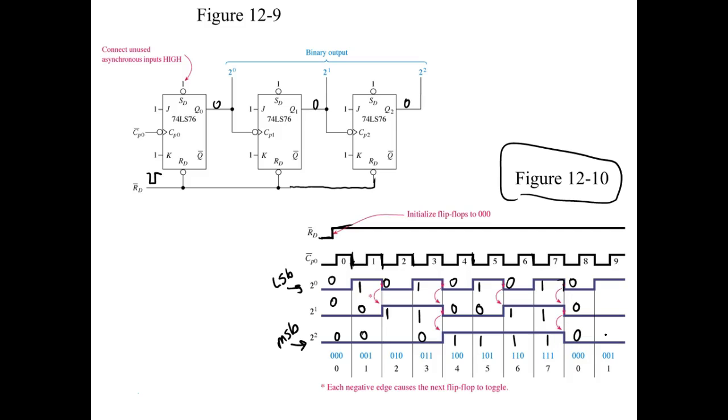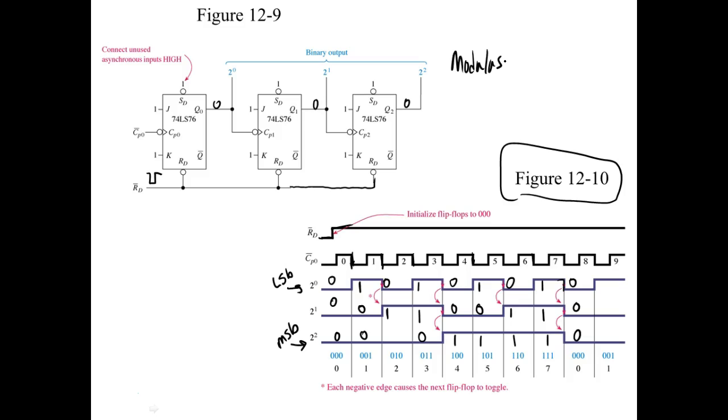You understand? Now, another thing we need to look at: one popular application of a counter is to divide frequency. By the way, the total number of counts, including zero, so we start counting from zero, is called the counter's modulus. So this would count from 0 to 7.